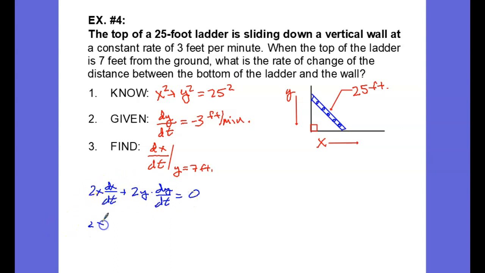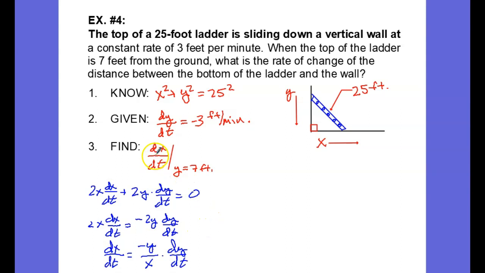So we get 2x dx/dt is equal to -2y dy/dt. And then dividing through by 2x, we have dx/dt is equal to, and the 2's cancel, and so we have -y over x times dy/dt.